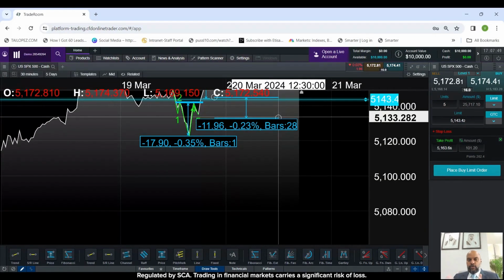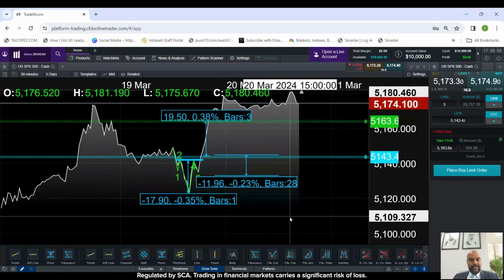Now, a 1:2 risk reward ratio is ideal. 1:3 would be even better. 1:2 keeps your discipline in place. Let's say you lose 50% of your trades and the other 50% of your opportunities make you money.